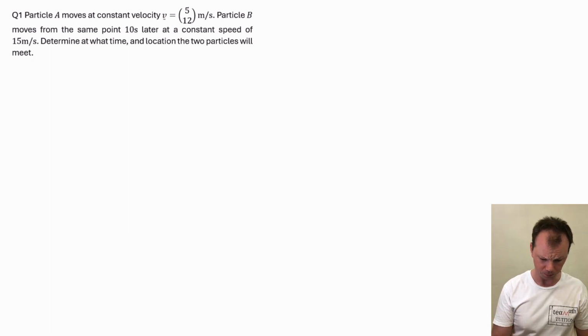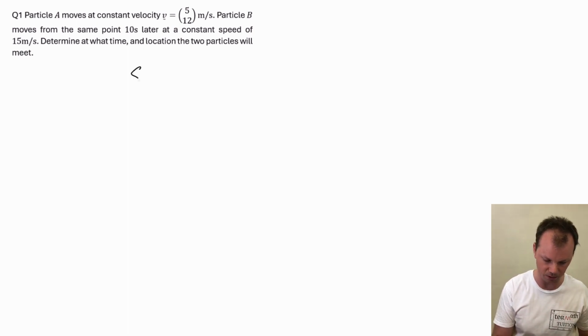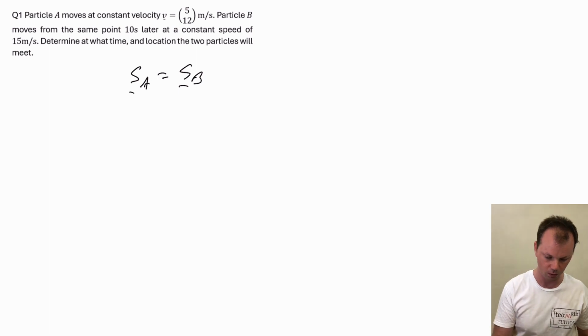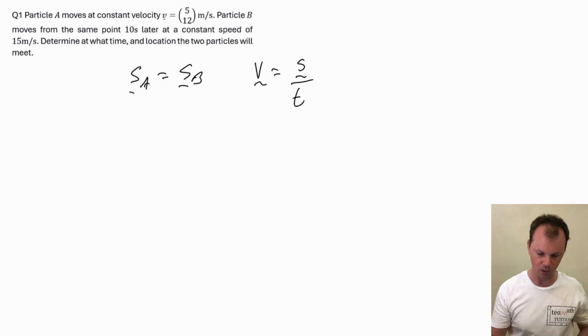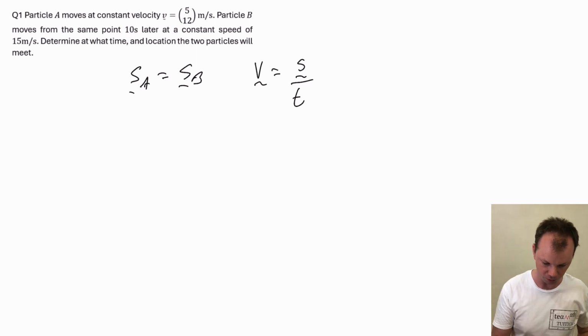Now, because they both start and end in the same spot in terms of what we're looking at, we know that the displacement of A equals the displacement of B. And this is the equation that we're trying to solve. We also know that the velocity equals displacement over time. So these are our 2 big equations for this question. Our velocity of A is 5i + 12j meters per second.